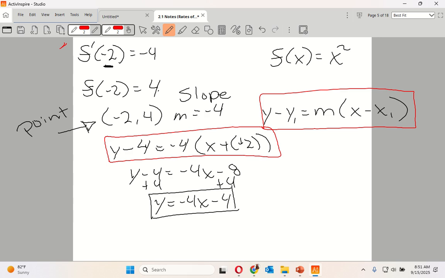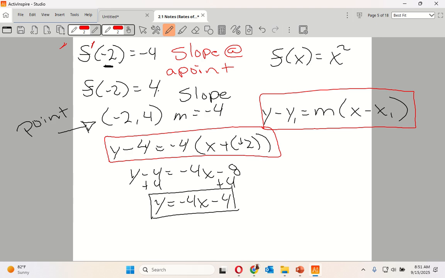So what is f of x, and then what is f prime? f of x is the function, and then f prime is the tangent line... no, not the tangent line.